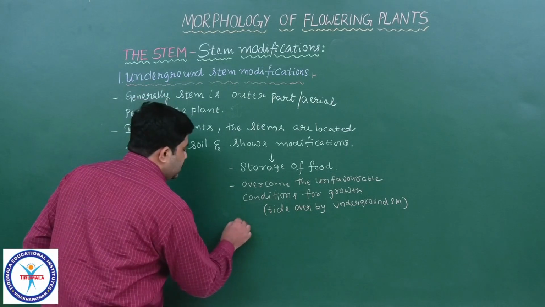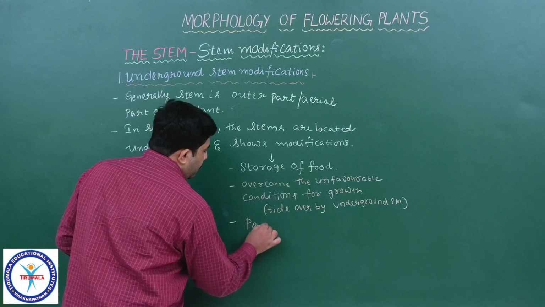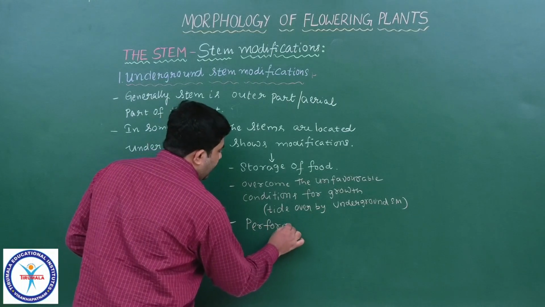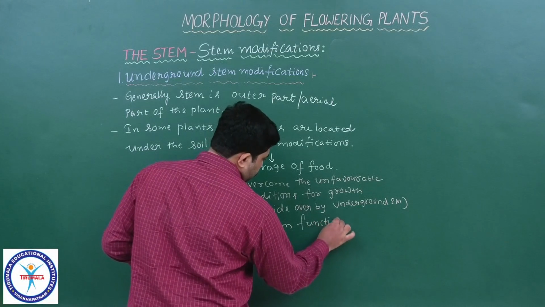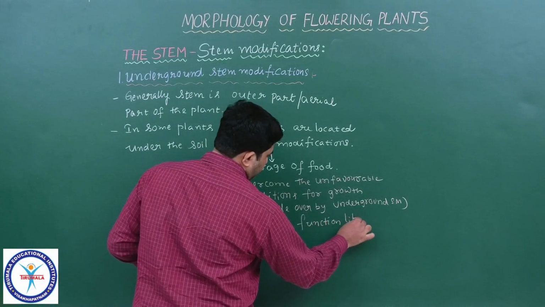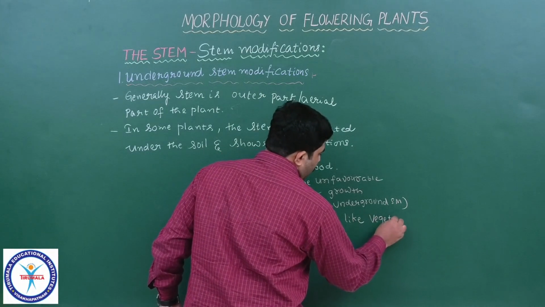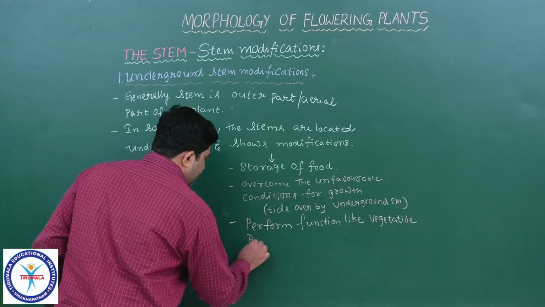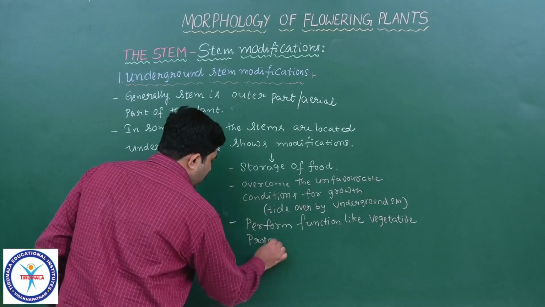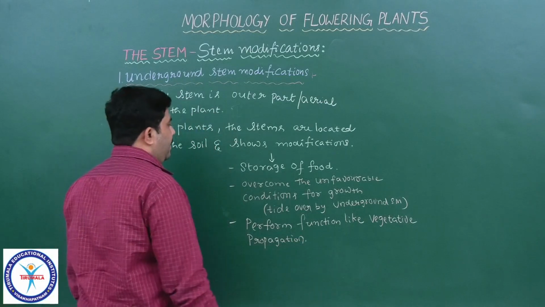So they also perform another function, vegetative propagation. What is it, students? Vegetative propagation, through which they are increasing plant number.